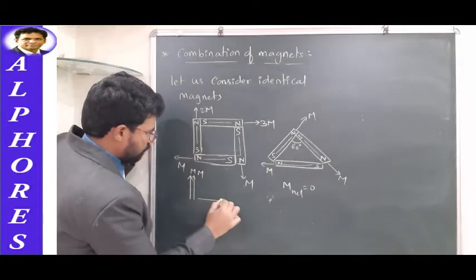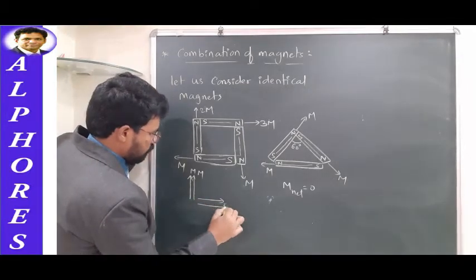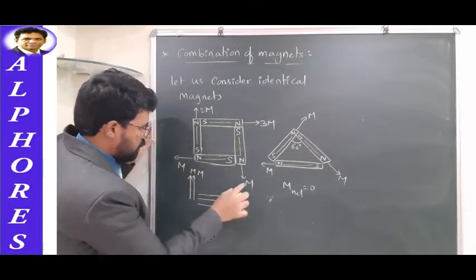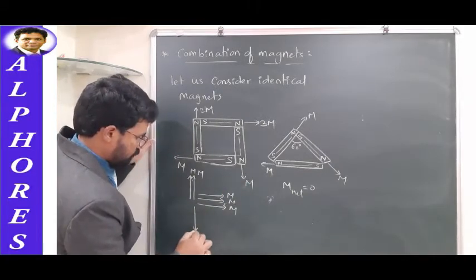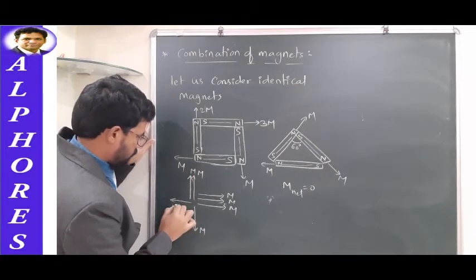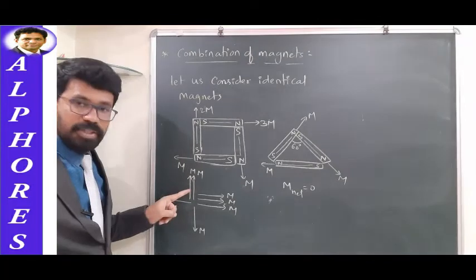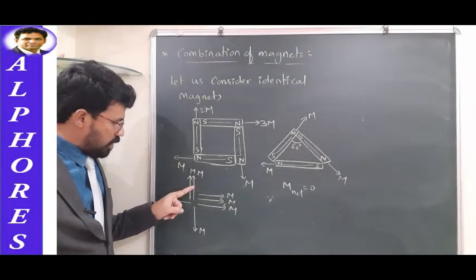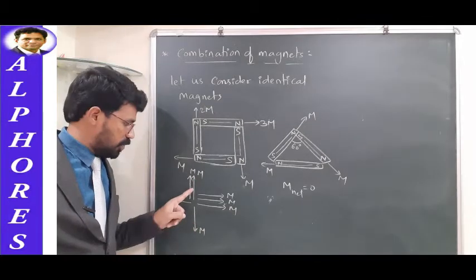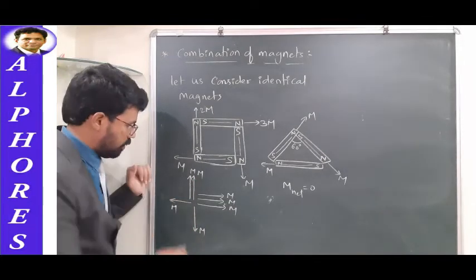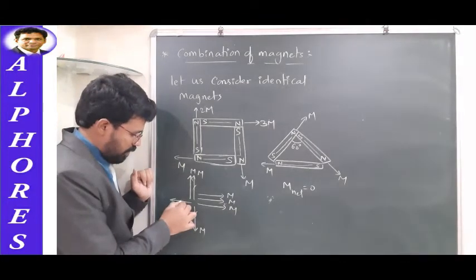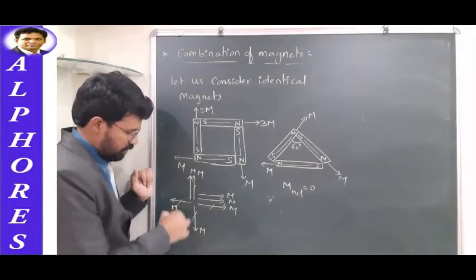Corresponding to this one, 3 arrow marks, m, m, m. Corresponding to this one, only 1 arrow mark, m. So what is the net value of this m and this m? Both are opposite in direction, so the resultant of these two magnetic moments will be 0. So this m and this m get cancelled, and the resultant of this magnetic moment and this magnetic moment is also 0.